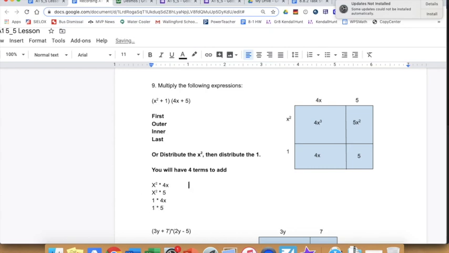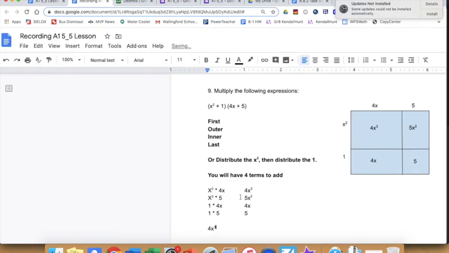And all those terms get added together. So 4x times x squared is 4x cubed. X squared times 5 is 5x squared. 1 times 4x is 4x, and 1 times 5 is 5. I'm sorry, 5. So let me just add all 4 of those together, and we have our solution.